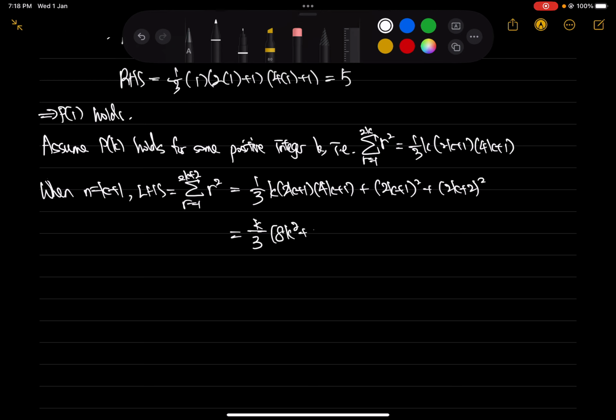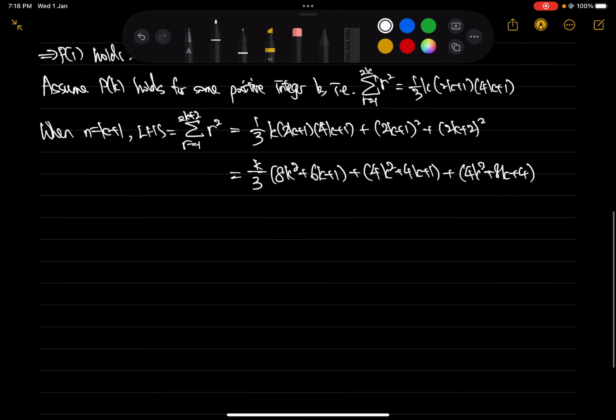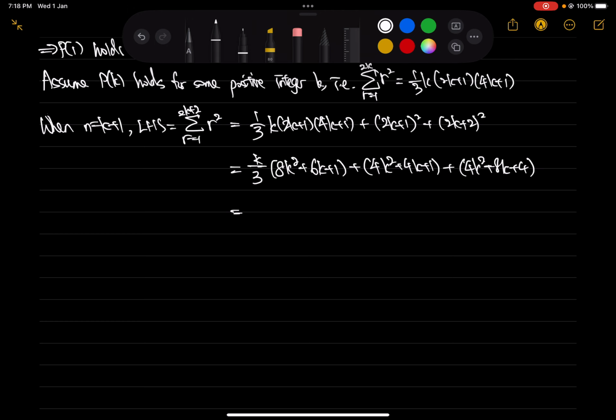We have 8k squared plus 6k plus 1 plus 4k squared plus 4k plus 1 plus 4k squared plus 8k plus 4, which means we have 8k cubed over 3 plus 10k squared, plus k over 3 plus 4k plus 8k, so that's 12 plus 1 over 3. 1 over 3 plus 4 plus 8 is just 37k over 3, and then plus we have 5.